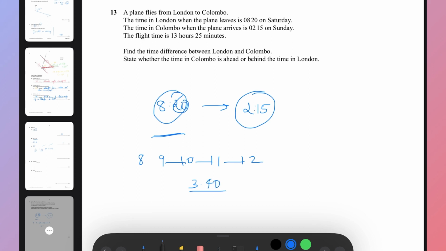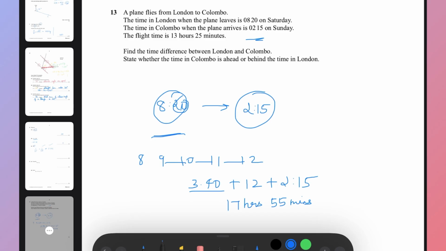So 3 hours 40. Okay. Plus 12, plus 12 is next. Plus 2:15, you have to add. So what it will be? 3 plus 12 is 15. 15 plus 2 is what? 17. So 17 hours. What is the minutes? It's 55 minutes.